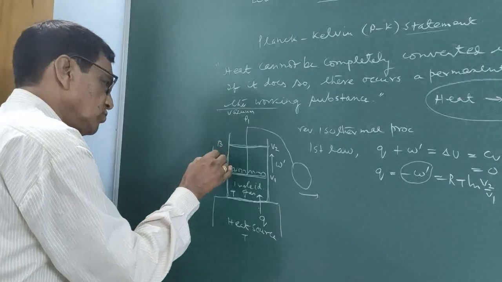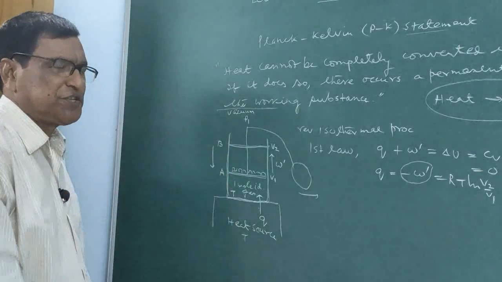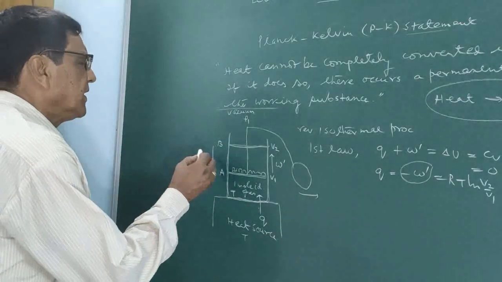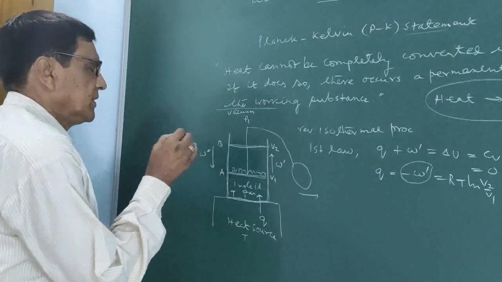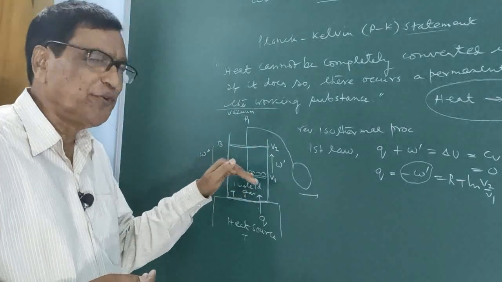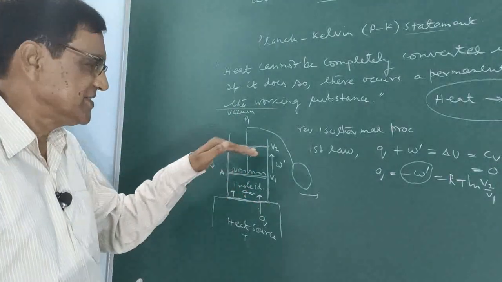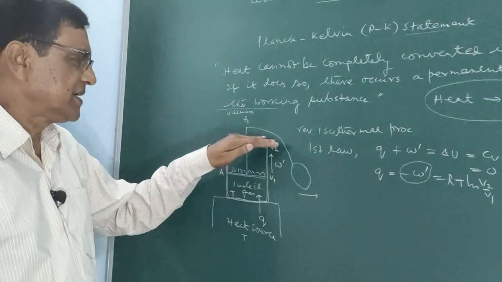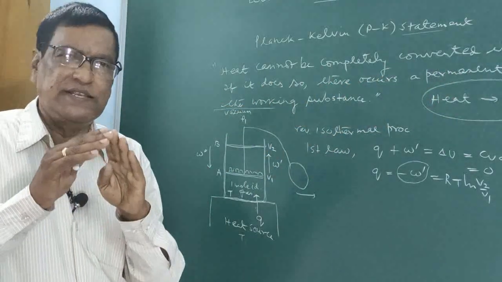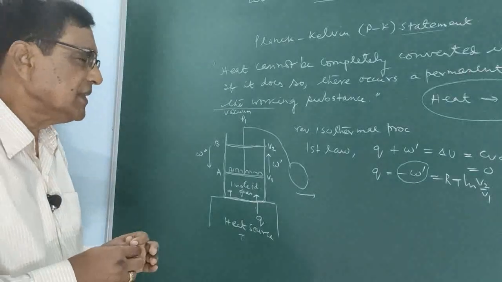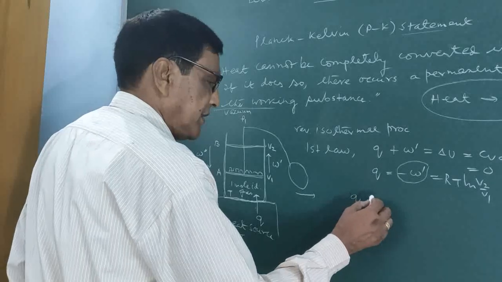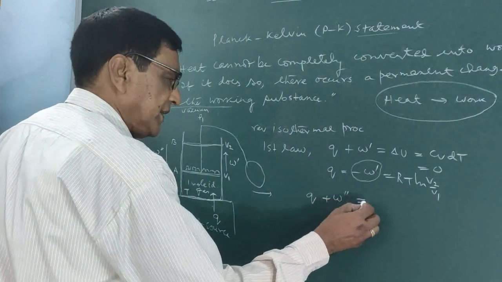It comes back to its initial state from the second state, and in this case it is a compression. And suppose work is required to bring the system back to its initial state, and it is actually a two-stroke engine, one expansion, one compression, and this permanent change of the working system is eliminated. And so in the case of compression, it will be Q plus W dash, again equal to 0.